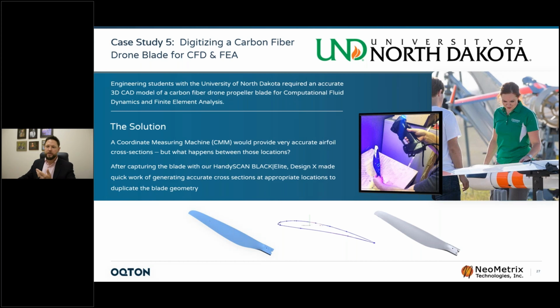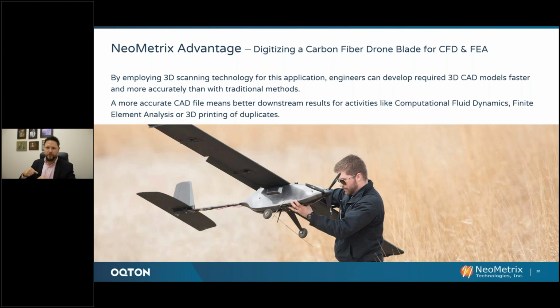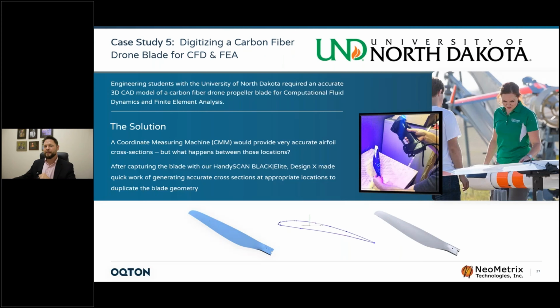So in this case, we 3D scanned this, so we have really dense data, not sparse data, able to reverse engineer it, in a very similar fashion to our blade we did earlier, and give them a CAD model. So a more accurate CAD file means better downstream results for activities like computational fluid dynamics, finite element analysis, or 3D printing of duplicates when you eventually need them because they break.